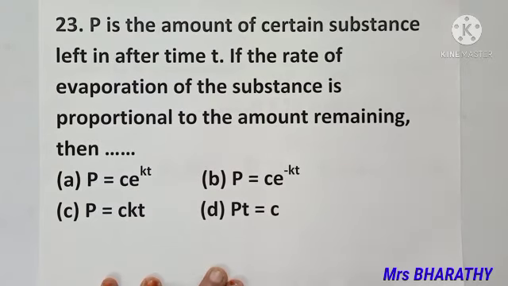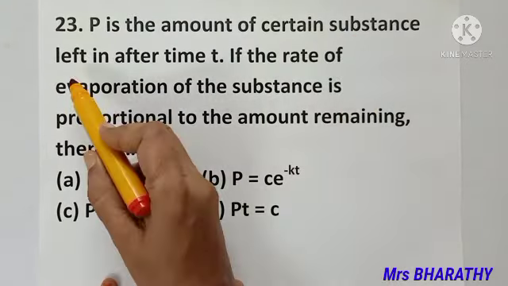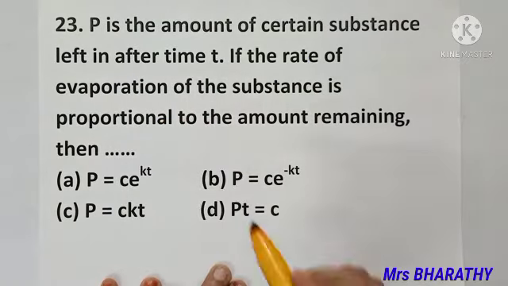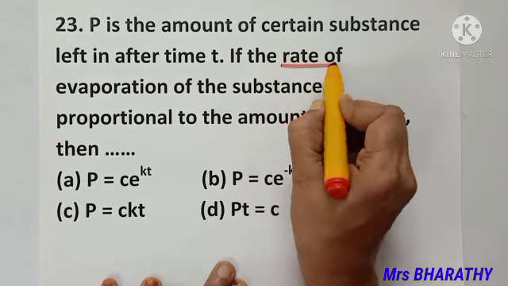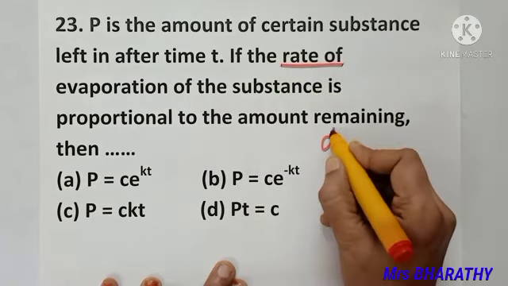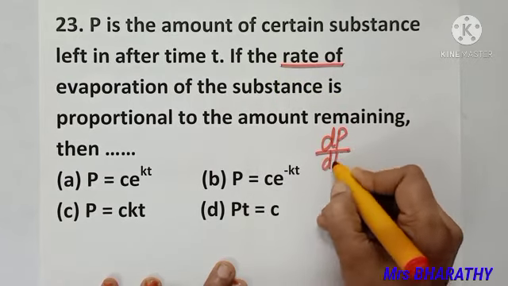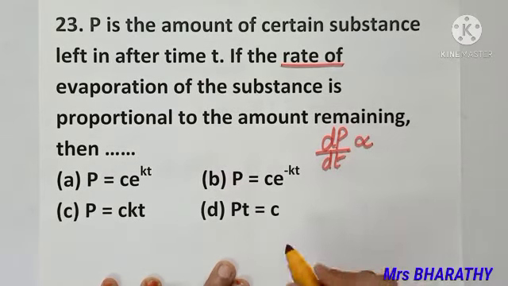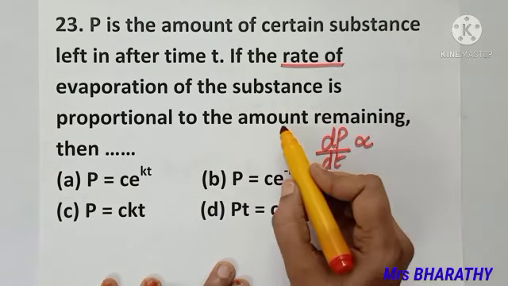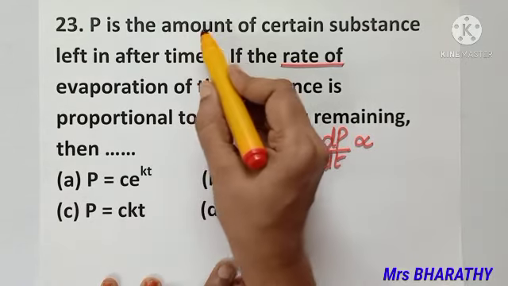Question number 23. P is the amount of certain substance left after time t. Rate of evaporation. As I read out rate, let me remember it is dp by dt. Proportional to, so we put proportionality, amount remaining. What is the amount remaining?